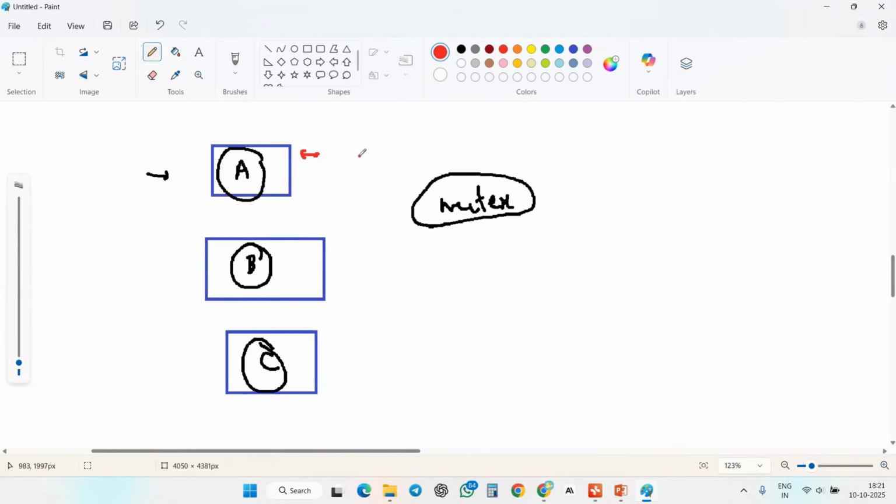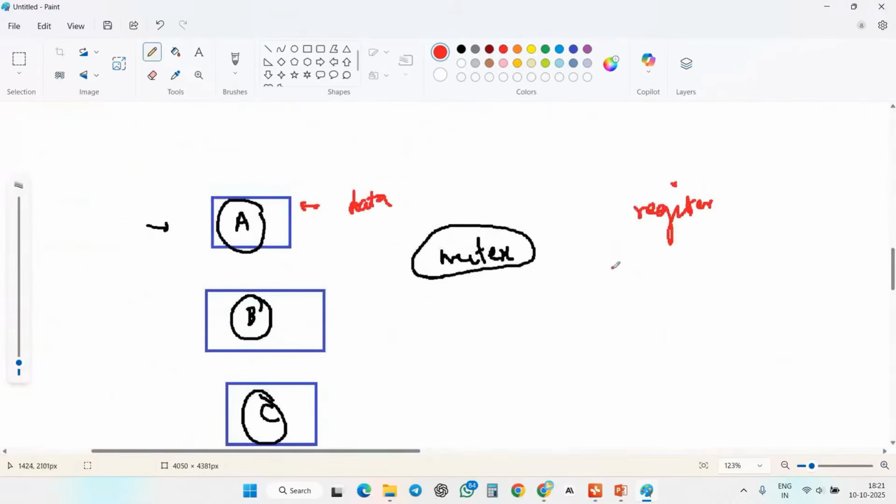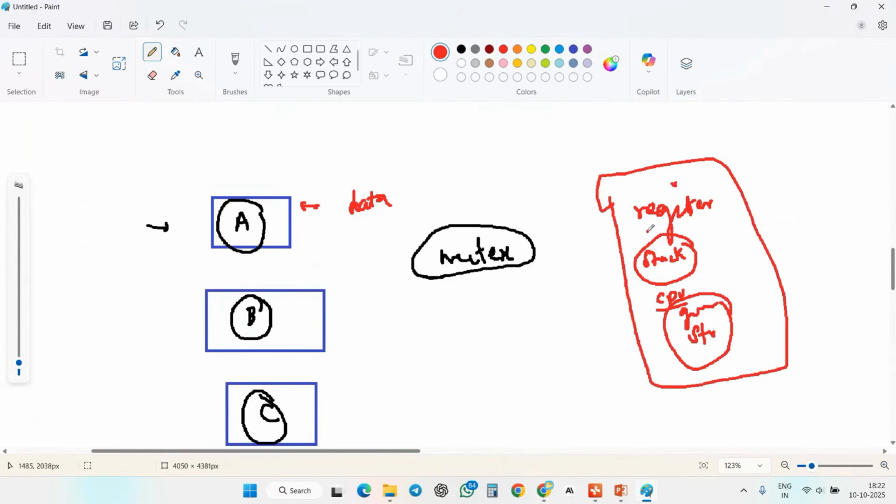Resources means data from your registers. Where are you storing your data? We already discussed this previously, right? You store your data in registers, and we have discussed a lot of registers. You have a stack where you store your data, and many CPU registers: general purpose registers, special function registers, the instruction pointer, and many more. So all the data is going to be stored in these registers.